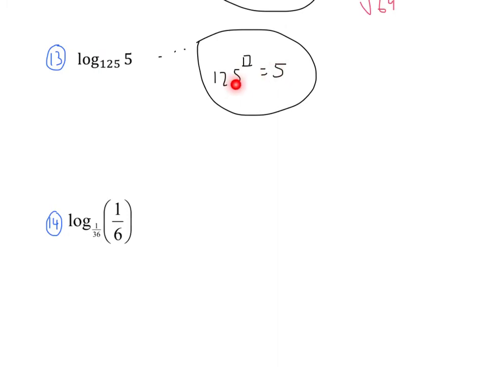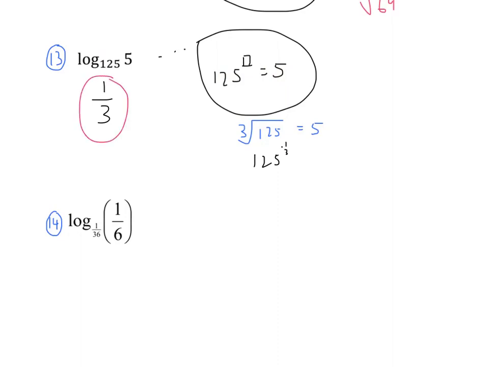So 125 to what power would get me 5? You should be thinking that the cube root of 125 is 5. How do I express the cube root in exponent form? That's the same thing as 125 to the 1/3 power. So the answer here is 1/3.